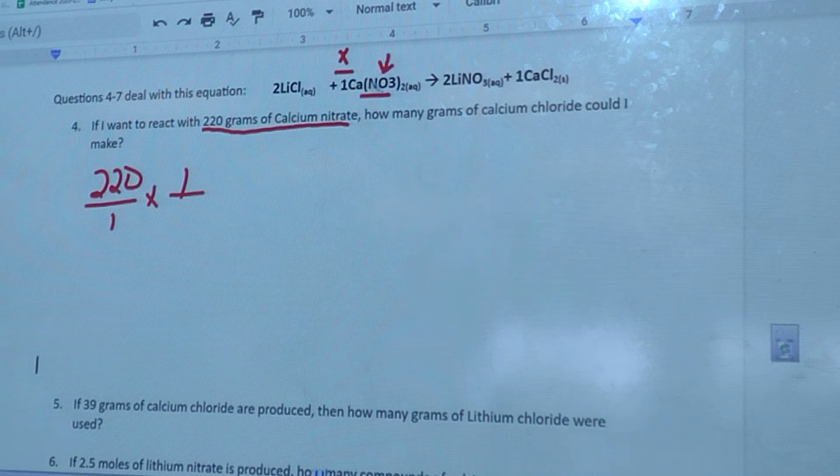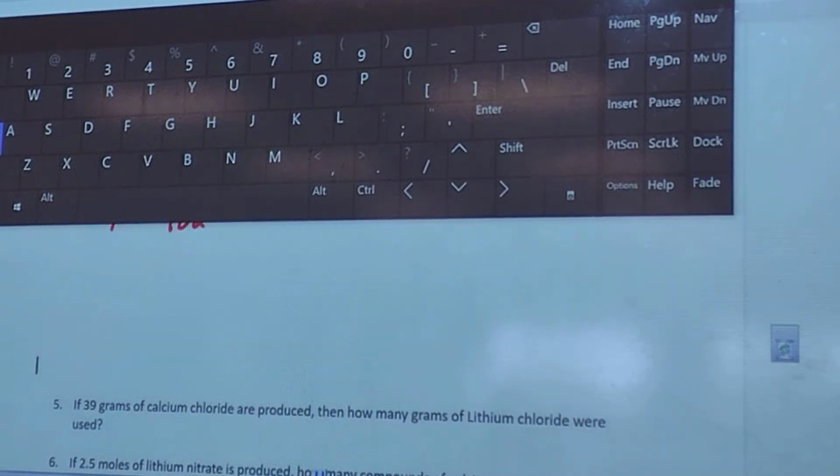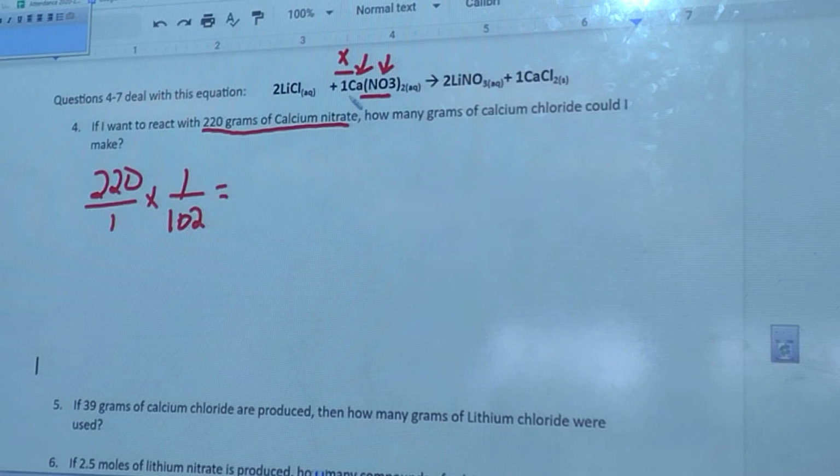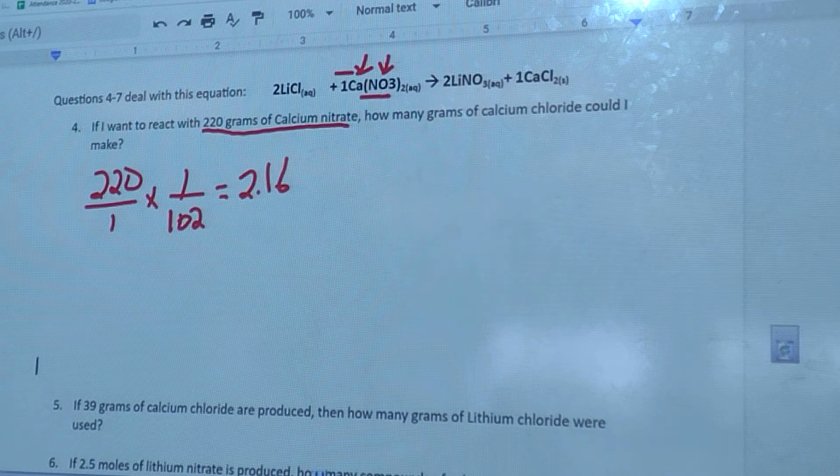Nitrate is 62, calcium is 40, so that's 102. All right, 220 divided by 102. That's 2.16. I don't know why that keeps happening. So 2.16 moles is what that really means.